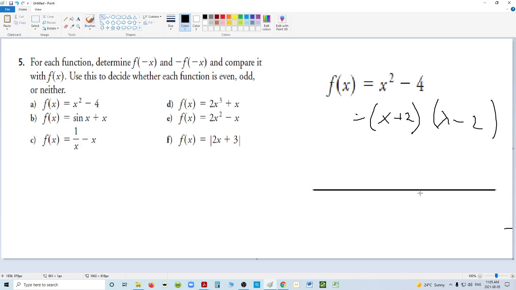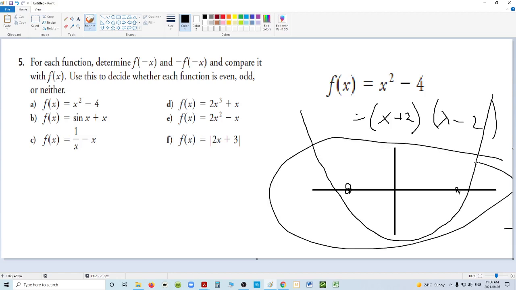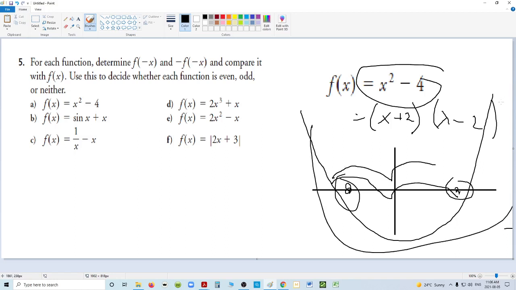And that tells me it's a parabola that's going to go through both minus 2 and 2. And because it's also facing upwards, I know that it's going to be even. So right away I know it's going to be even because its x-intercepts are an equal distance from the y-axis, and a parabola like that is going to be even.